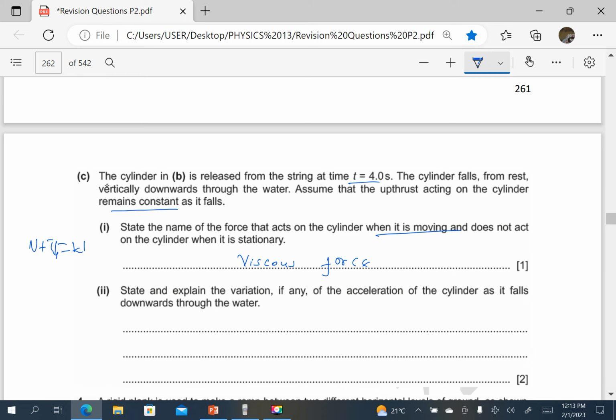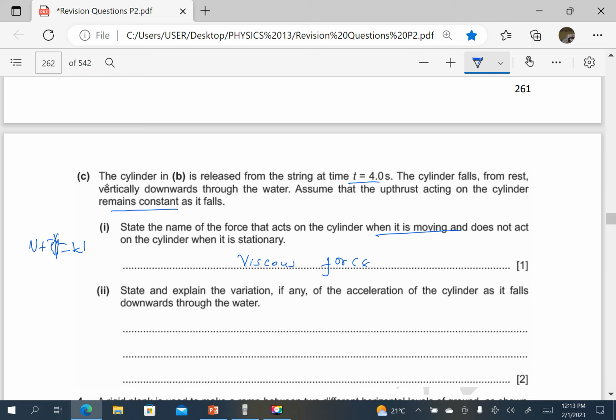The tension is increasing as the cylinder is falling downwards. Since the upthrust remains constant, the viscous force, which is the drag force, is going to increase with the depth. It increases because as the speed increases, the water resistance also increases.